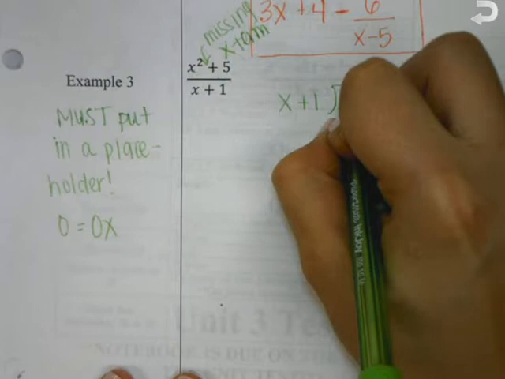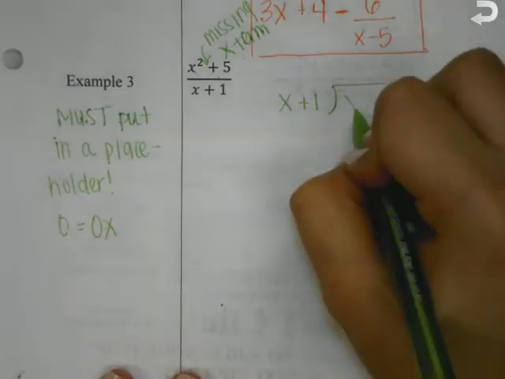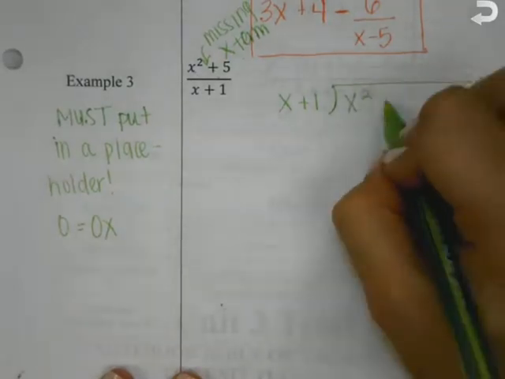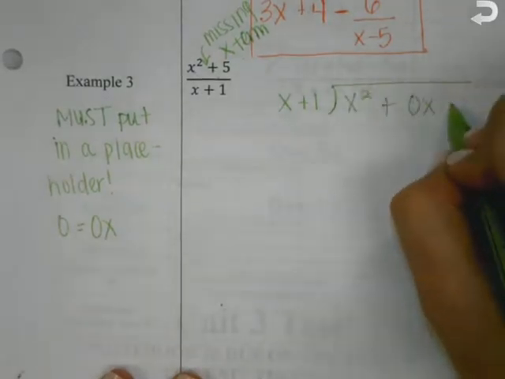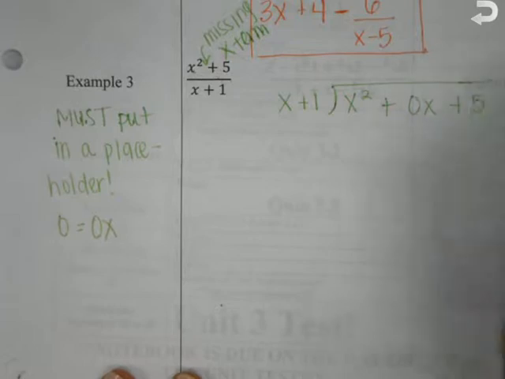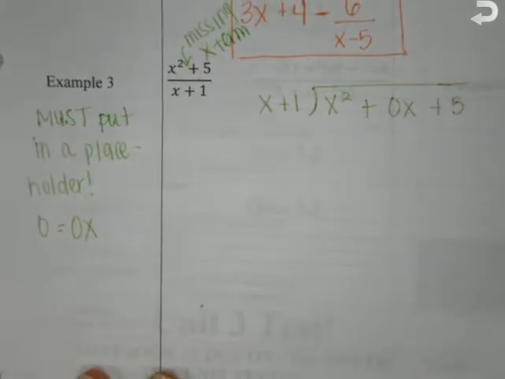The only reason why we do this is so all of our like terms line up. Okay, so before you start looking at problems now, I want you to make sure to check that you don't have any missing terms. Because if you have a missing term and you don't put in a placeholder, your like terms won't line up, and you could end up combining terms that aren't actually like terms.